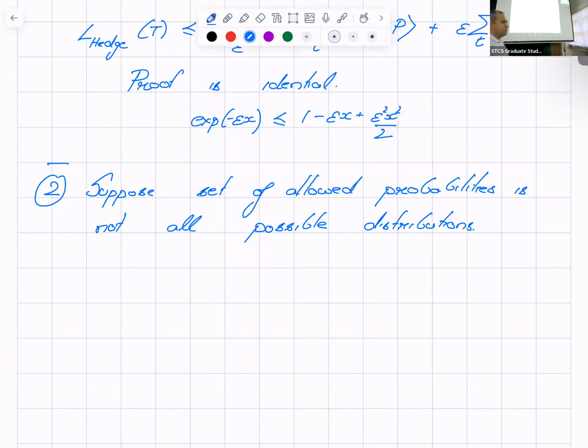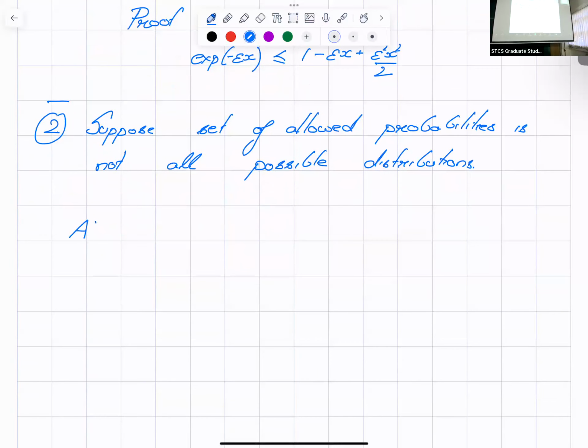So suppose, what is the set of all possible probability distributions on n experts? This is basically the simplex.